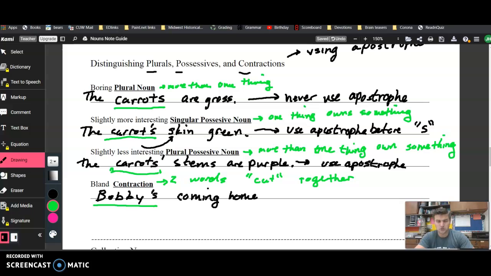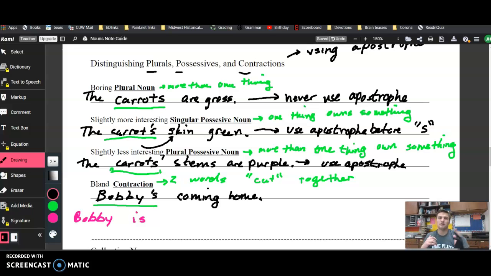What is the actual contraction here? Try deleting the S. Is Bobby possessing the coming? Is it Bobby's coming? No, it's not really possessing. What's actually going on here is that we have a contraction that means Bobby is. And that's really what the sentence is saying. Bobby is coming home.